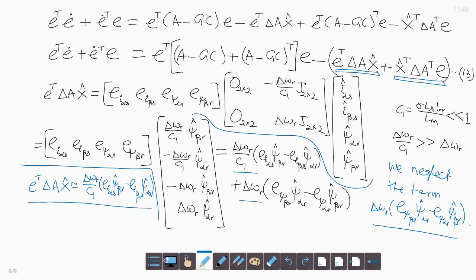So, both the bracketed terms will have the same value. E transpose into delta A into x hat is equal to x hat transpose into delta A transpose into E, because it is a scalar, a constant value. So, both are equal.